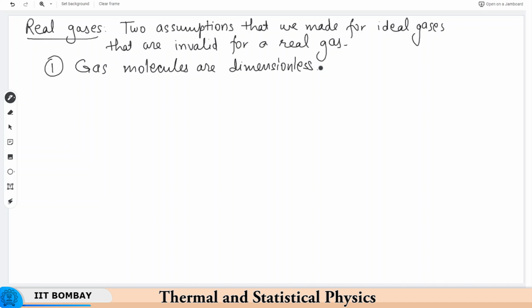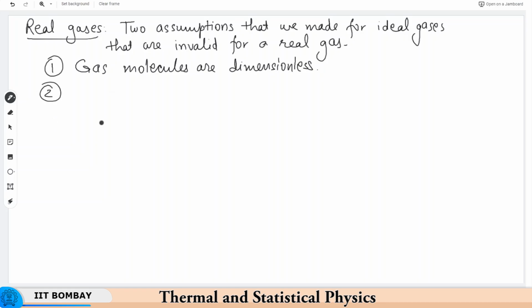Now you can imagine if I keep stuffing more and more molecules in a container, the density will start increasing if the molecules have finite dimensions, right? If they are not, then the density doesn't even make sense. But if they have finite dimension, the packing density will keep on increasing, right? So that is something that will break down.